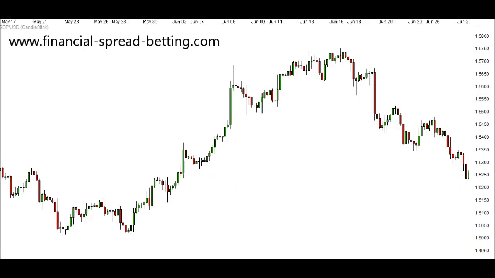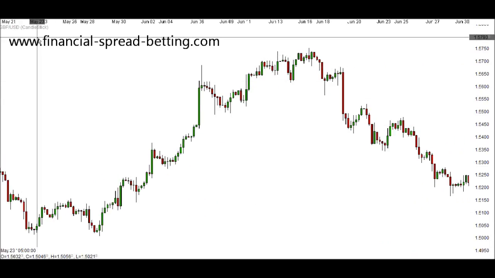If we look at this uptrend, we should see similar price action. We have a bullish engulfing here, we have one here, another one here, one here, one here, one here, one here, another one here, and here, here and here.